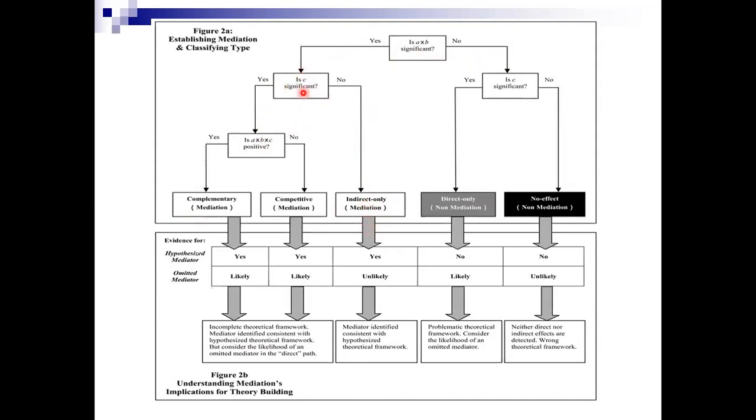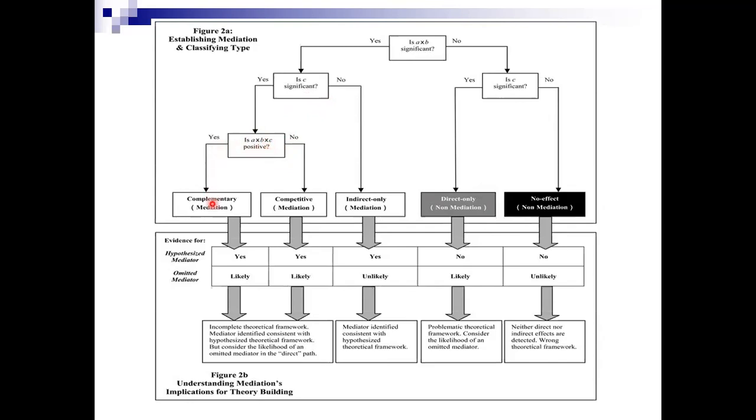But if C is significant, that is the connection between X and Y, then you go and check again if A times B times C is positive, okay? Now it's not about significance, it's about positivity. If you multiply A times B times C, that product, is it positive?